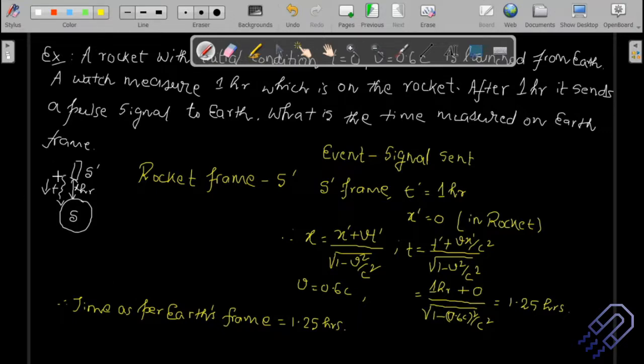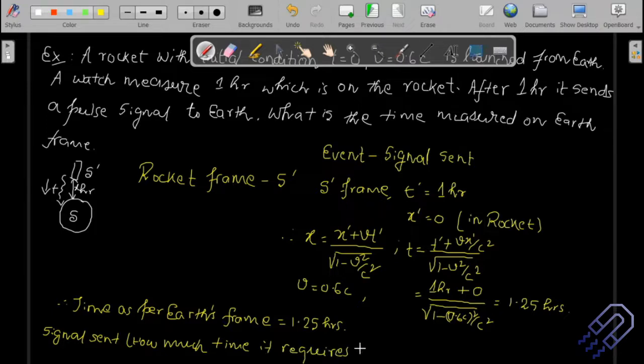Okay, now the question is, the signal has to reach back to the earth. For that we should know the distance, and then only we can measure the time, right? So the signal is sent. The question is, how much time does it take? I'm just writing this down so that the idea is very clear to you.